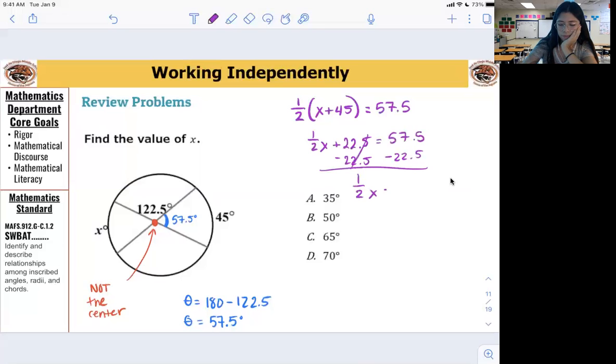And I get 35, right? But then what do I have to do to both sides? Not divide, careful. I have 1/2. Yeah, we're going to multiply times 2. Times 2, I get 70.